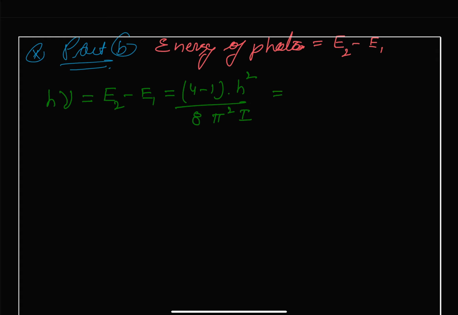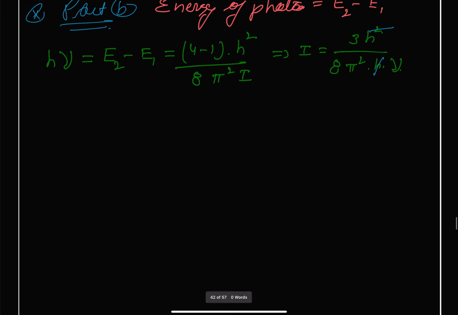So therefore we can say our I will be equal to 3h square, and here we have 8 pi square h multiplied by the frequency, that is nu. This h goes with this square and we substitute the values.